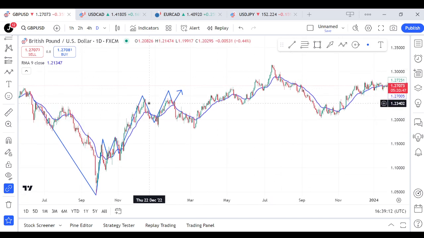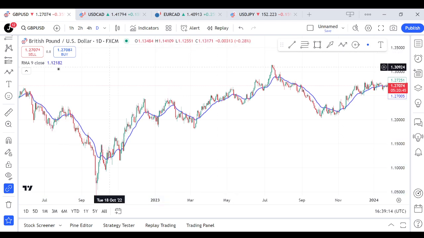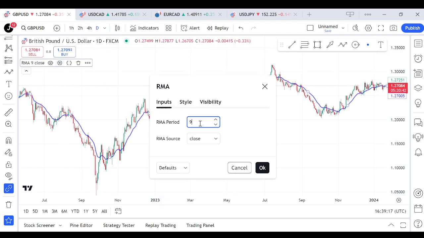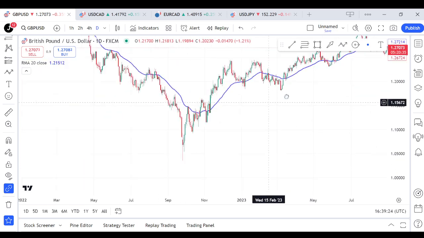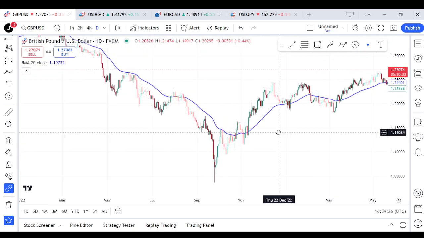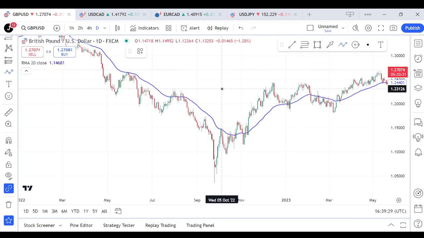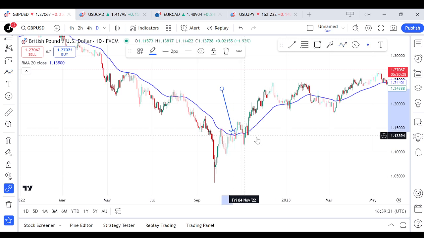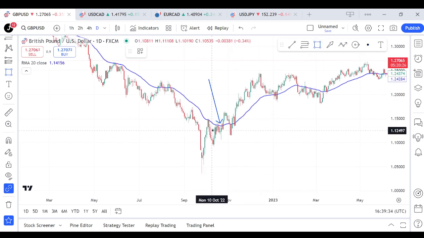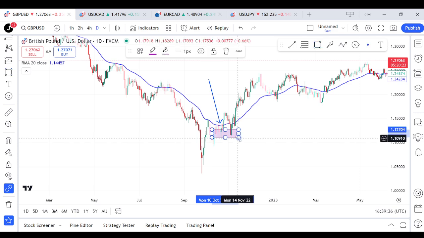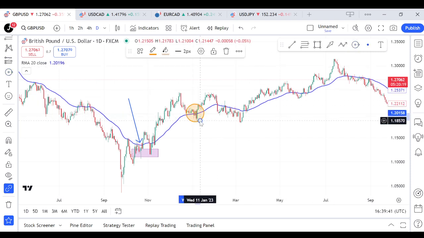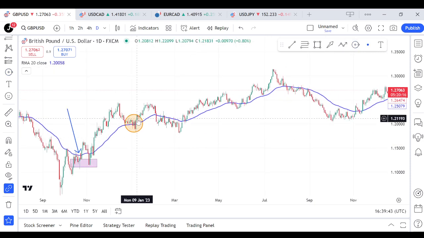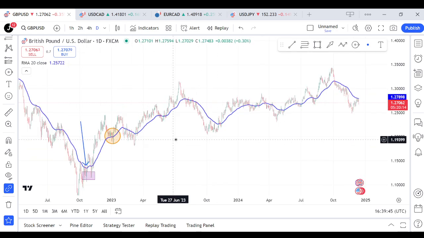This is actually the 9 period moving average, so I'm just going to edit it to a 20 period moving average so we can see. You can see price breaking. You can see the clear break here, and I have the pullback into support and the continuation to the upside, with price using the rolling moving average as support in its push to the upside.